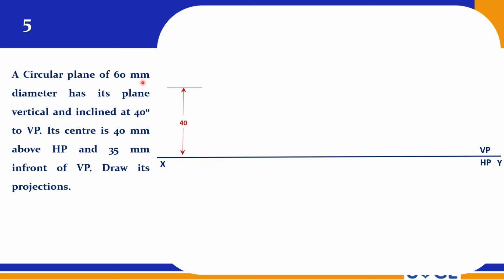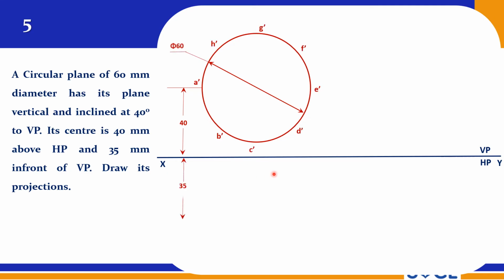So 60 mm diameter, so radius is 30 mm. At 40 mm you measure and draw a thin line. On that thin line you draw this circle and divide this into 8 equal parts, 8 or 12 equal parts.